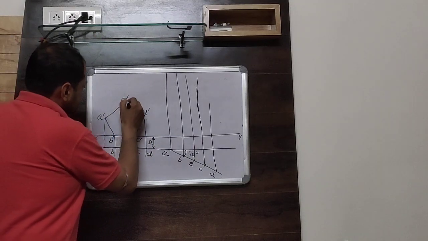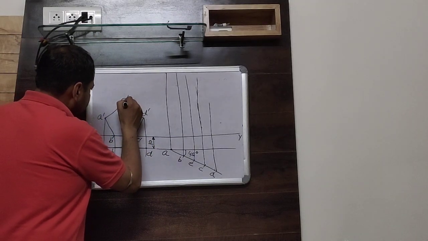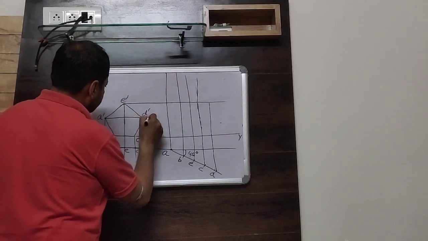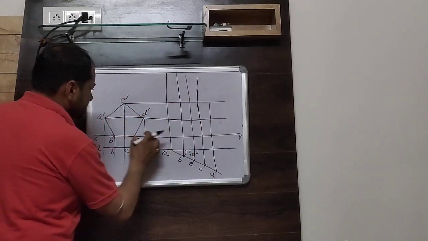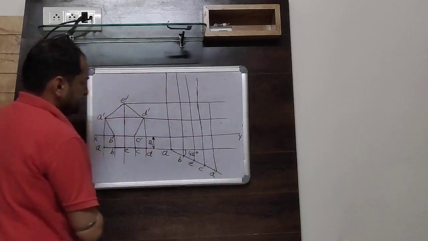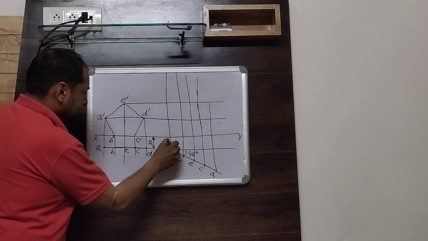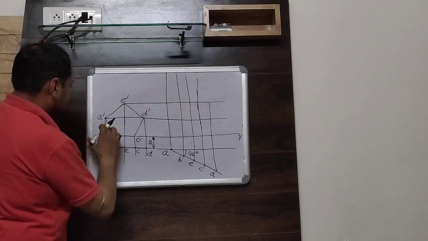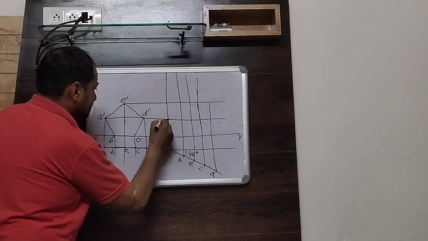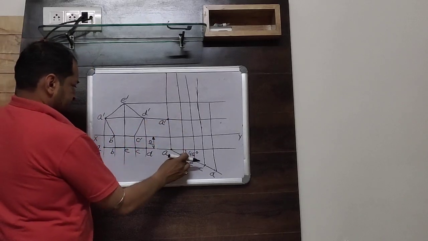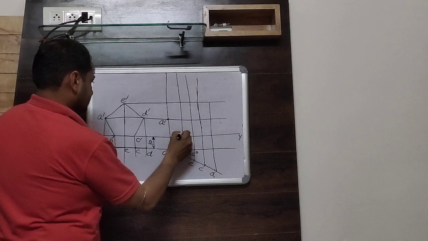Then draw the horizontal lines from all these points, from E, from A and D; from B and C are already drawn. Then join the perpendicular line of A with the line from here, it is A dash. Similarly B, where is B?